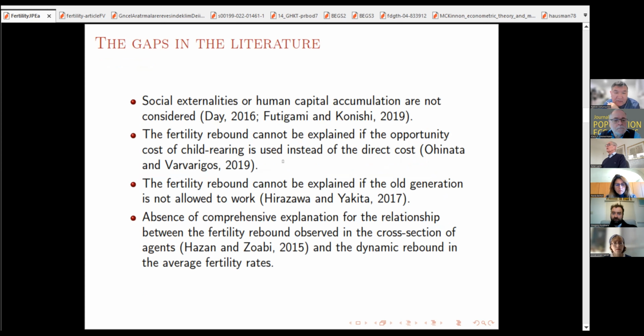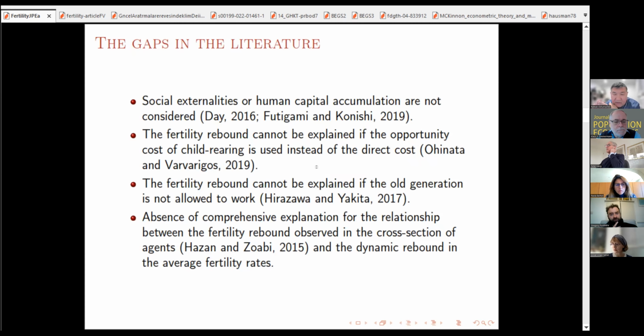Again, of course, it's not the first time that people are trying to explain this reversal of decline in fertility. There are a few papers, for example, Day 2016 and Futagami and Konishi 2019, Okinata and Varvarigos 2019.